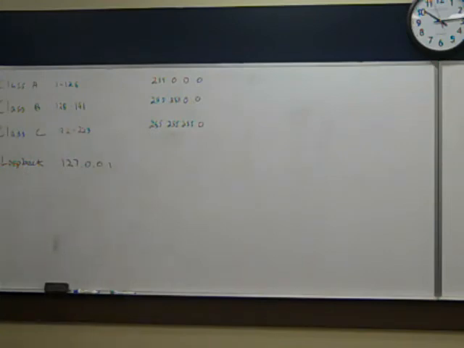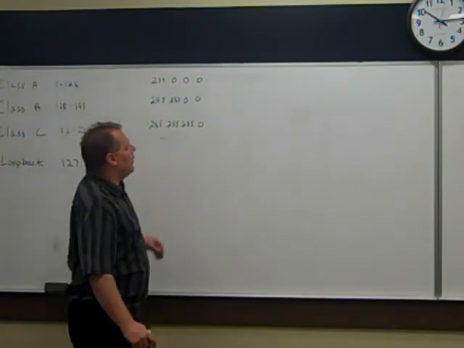And now let's convert that to binary and then show you how we get prefix. So 255 in binary is this.